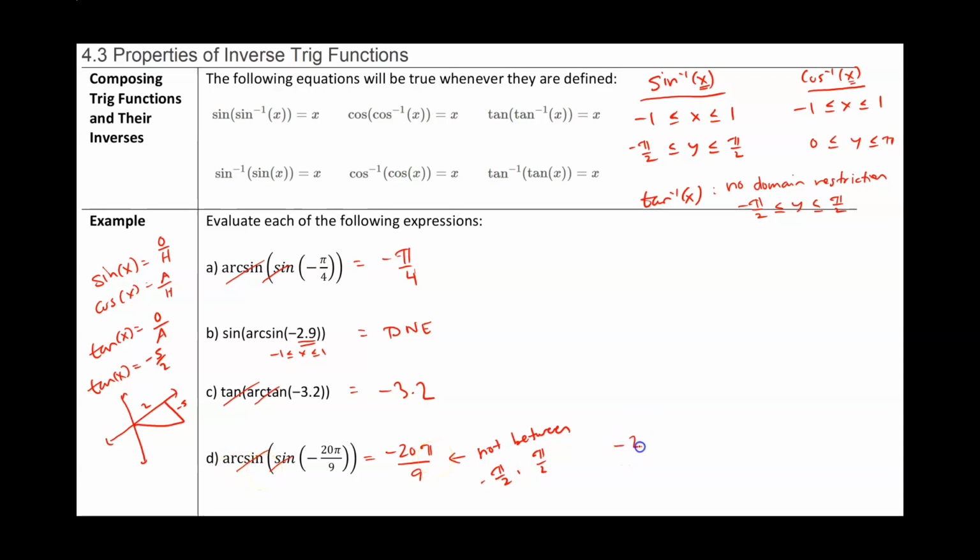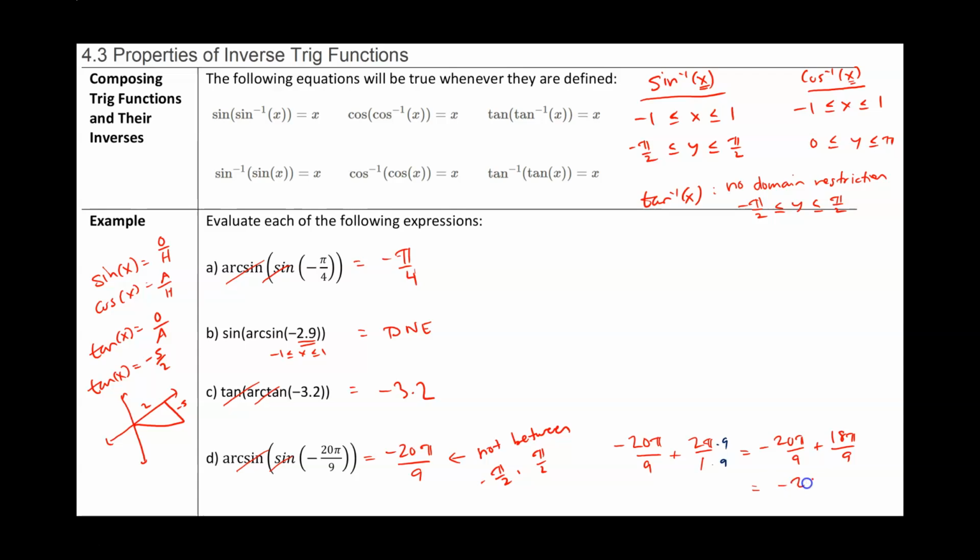But what we can do is find a coterminal angle that is between -pi over 2 and pi over 2. So remember, to find coterminal angles, we can add or subtract 2 pi. Since this is less than -pi over 2, I'm going to add 2 pi because I want to get closer to -pi over 2. 2 pi over 1, if I get a common denominator, I'm going to multiply the numerator and denominator both by 9. So this gives us -20 pi over 9 plus 18 pi over 9.